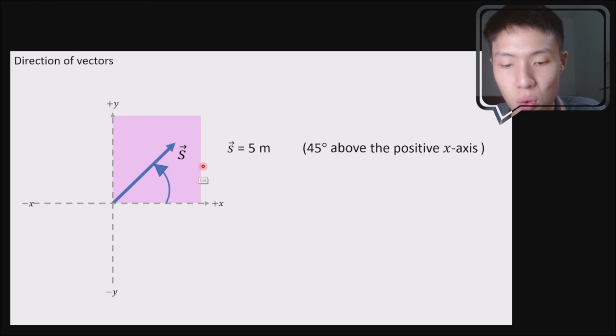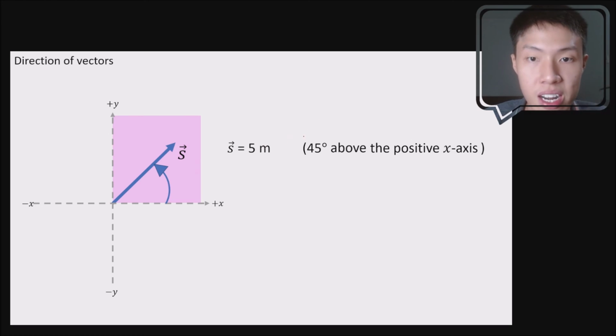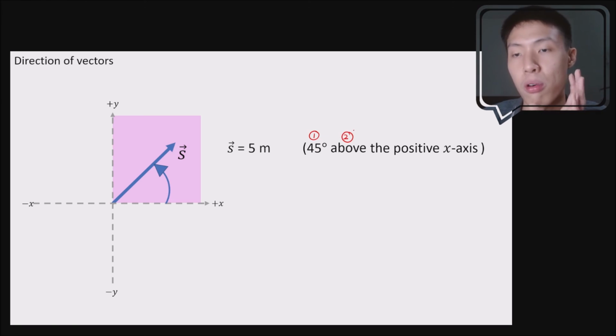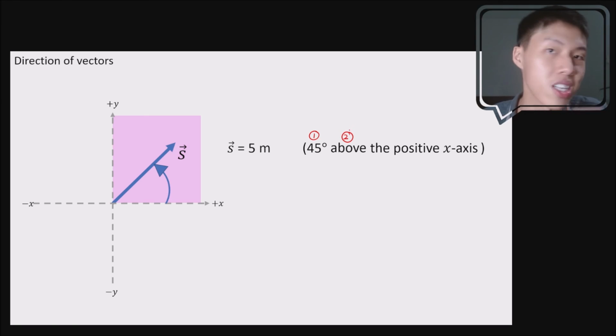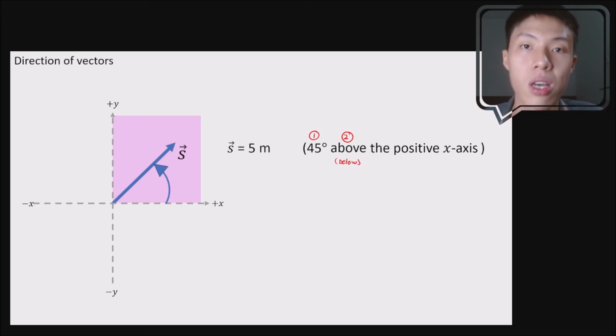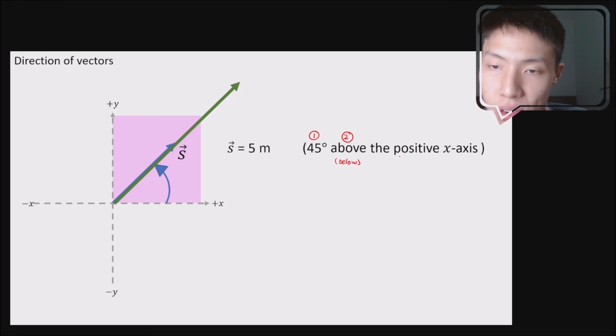So what do you need to have when you're writing direction? The first thing you need to have is the angle. Second thing is whether it's above or below the x-axis. There's only above and below, there's no left and right. Then the next thing is whether it's the positive side or the negative side of the x-axis.